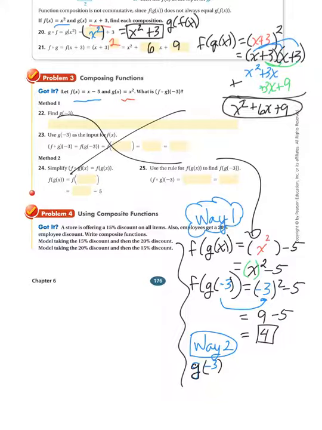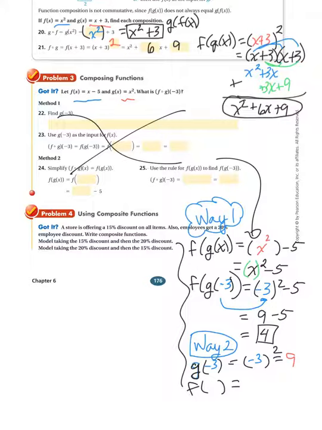So my g function is x squared. So x squared. Instead of the x, we're plugging in -3. -3 squared is 9. Then you're going to take that value and plug it into the f function.